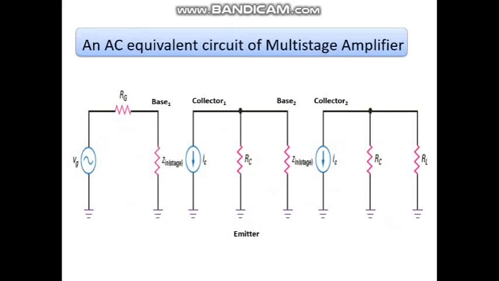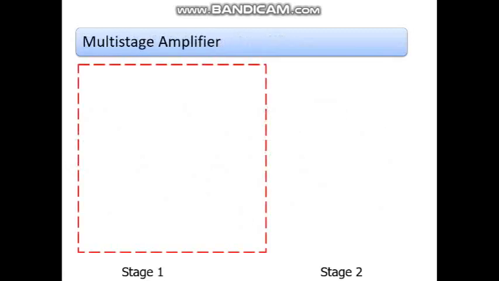An AC equivalent circuit of a multi-stage amplifier. So your V input, the input impedance of the voltage source, the Z in stage, and the output is IC, current source, and the RC. It is connected to the base of the second stage.